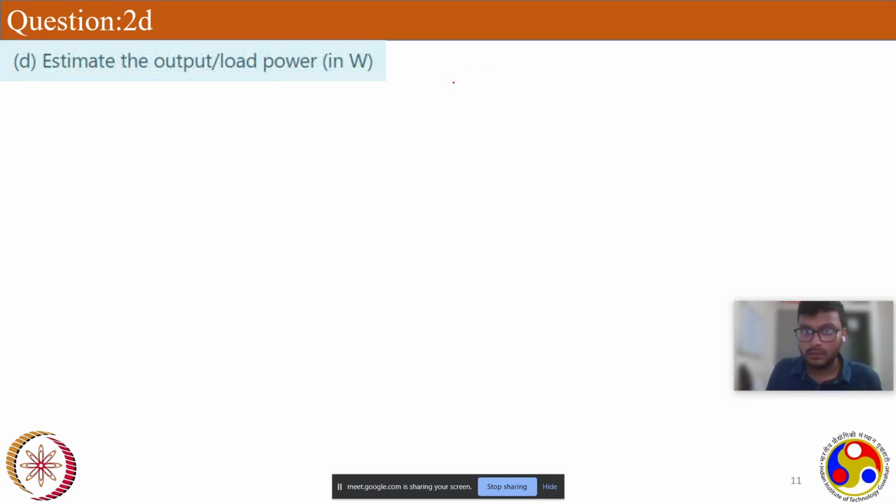Now we know P is equal to active power, that will be in watts, and Q will be in var, and S is equal to P plus jQ, where P is VI cos phi and Q is VI sin phi.